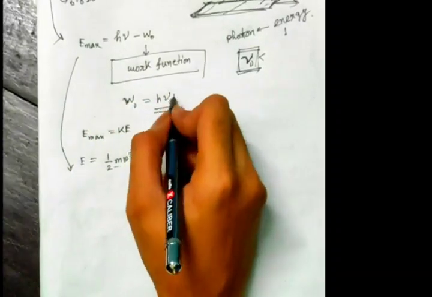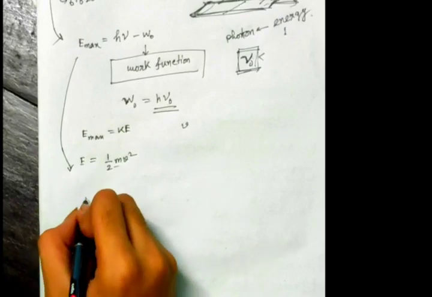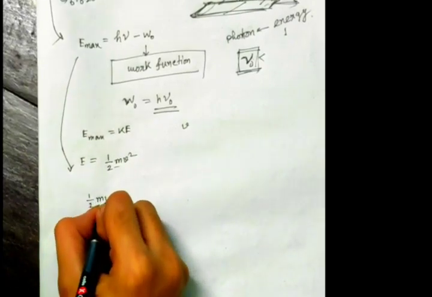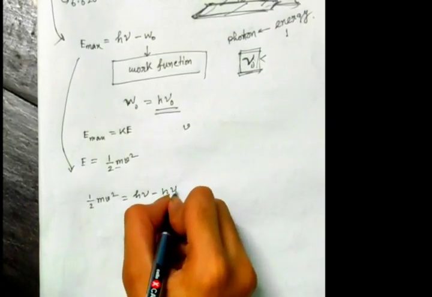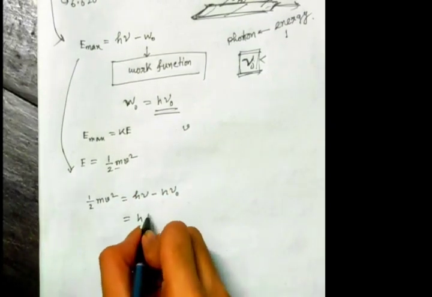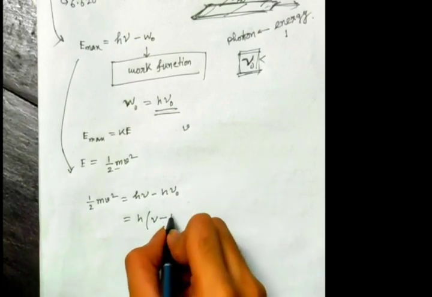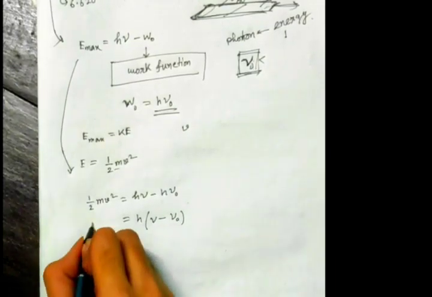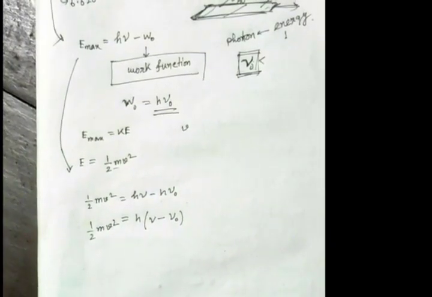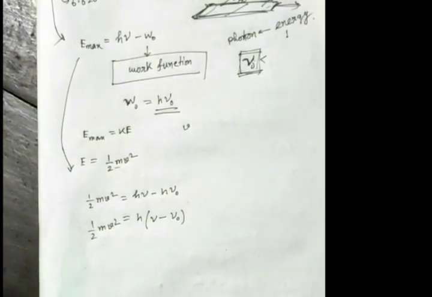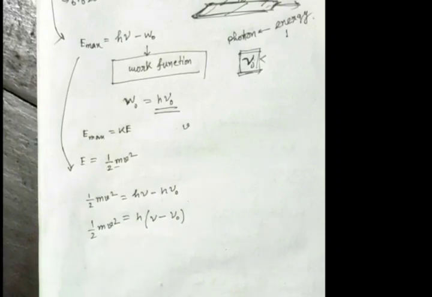So half mv square equals h nu minus h nu naught, and taking h nu from both sides. This is a very useful equation to solve the mathematics that comes in ICSE, CBSE or WBCHSE board. This is just a derivation from the mother formula, and it is so useful.